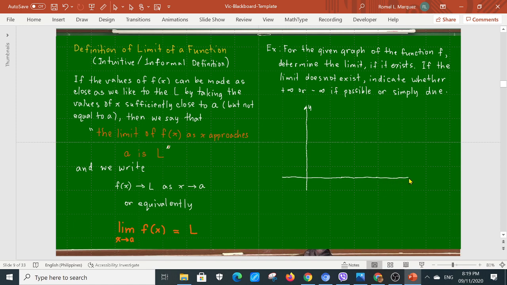So this is x. My numbers from 0 to, let's have up to 6. 1, 2, 3, 4, 5, 6, 7, 8. Don't follow the lines. So just make it like this. 1, 2, 3, 4, 5, 6, 7, up to 7.